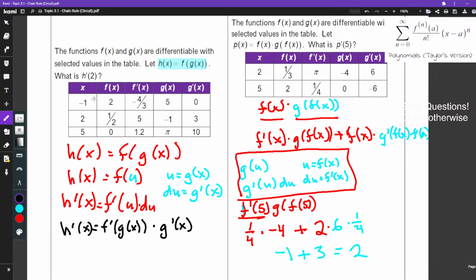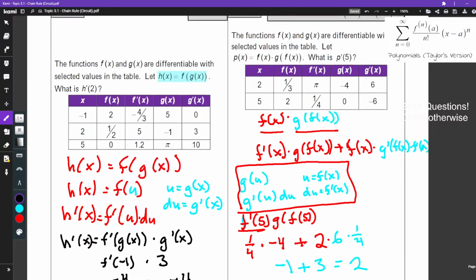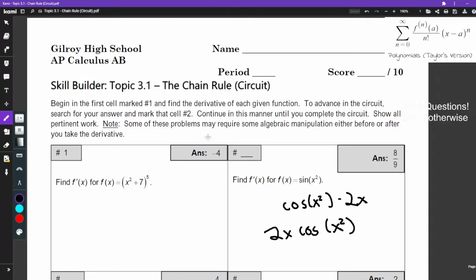What's g of 2? G of 2 is -1, so I have f prime of -1. G prime of 2 is 3. Okay, I need to find f prime of -1. F prime of -1 is -4/3, times 3. -4/3 times 3 is just going to equal -4, which is our last answer.